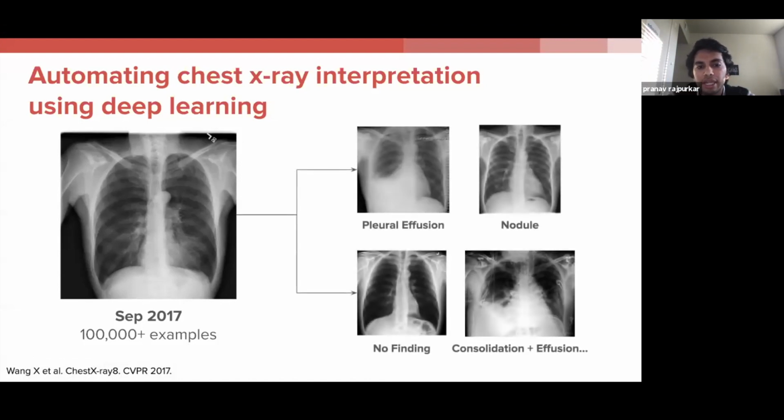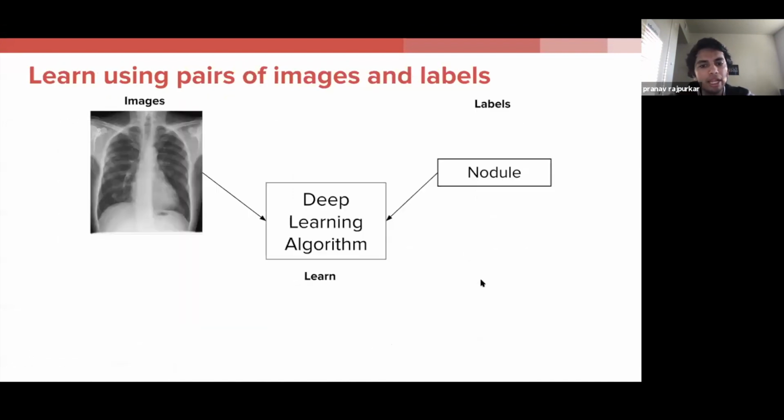And each of these examples had annotations of what was contained in that chest X-ray. So you might have examples for each of the pathologies that we've talked about. And the way the deep learning algorithm works, as Shubhang gave an example of, is you provide an input, you provide an output, and you say, learn the relationship between the input and the output.